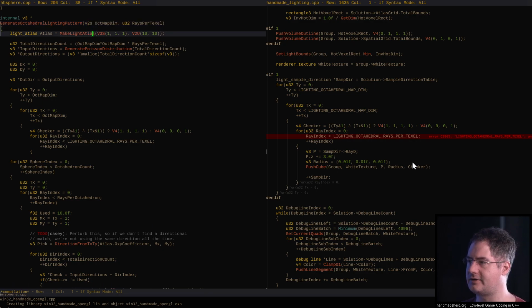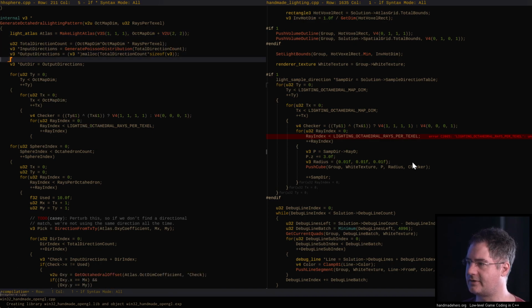Maybe we'll do v2u of octmapdim so that in here we basically say, look, the dimension of this thing, for the light atlas or whatever, is just going to be the octmapdim plus 2, which is what it should be. And then instead of having that dx dy there, we just loop through the x's, we loop through the y's, and we have arrays per texel, right?